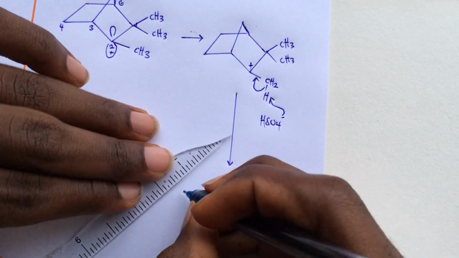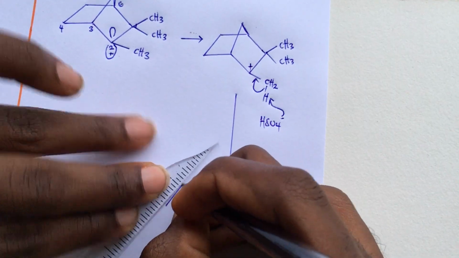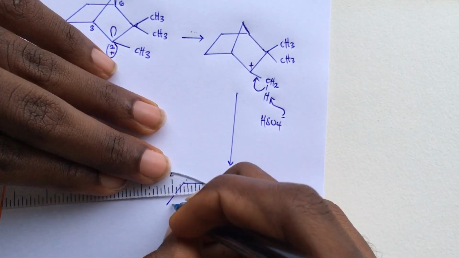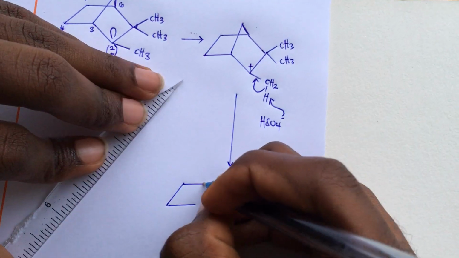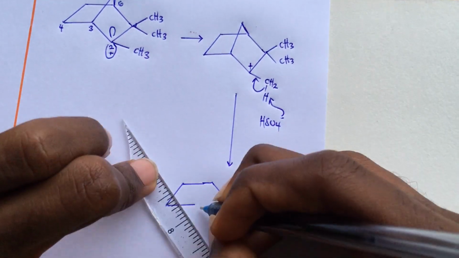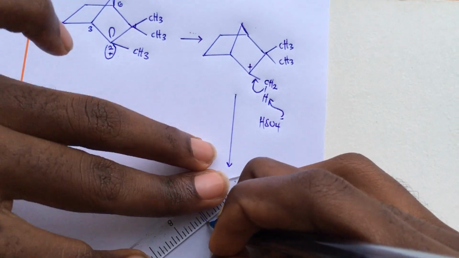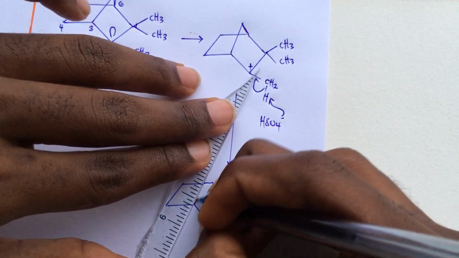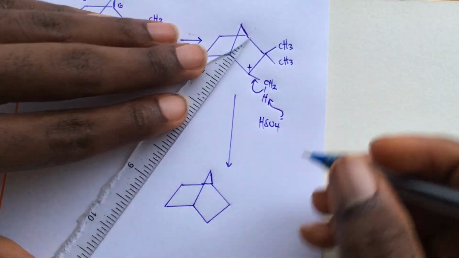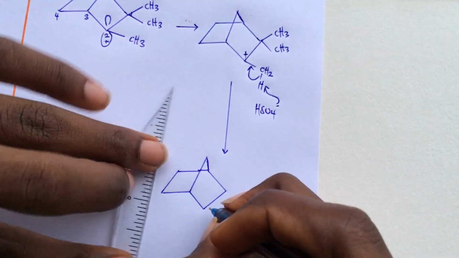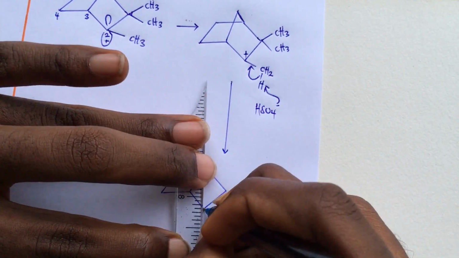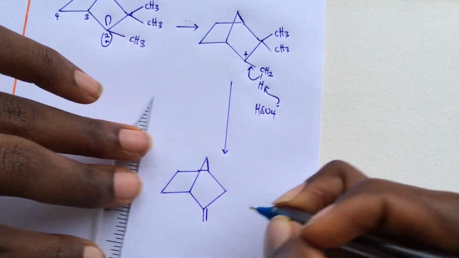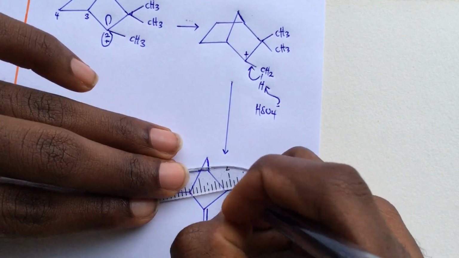And I'm going to have the final product to be something like this. And then we are going to have our double bond, so our carbon with the double bond here, and then we are going to have our methyl group.